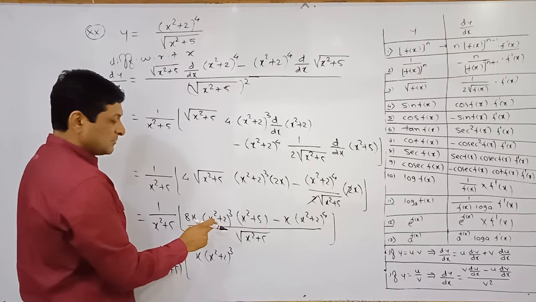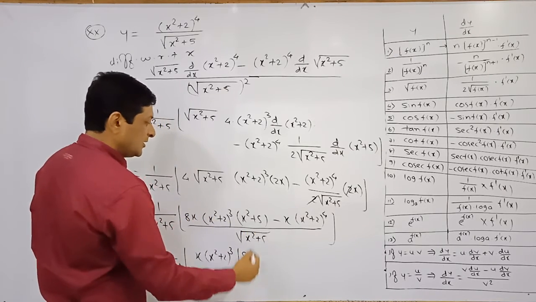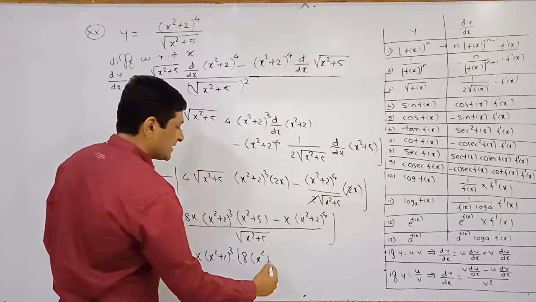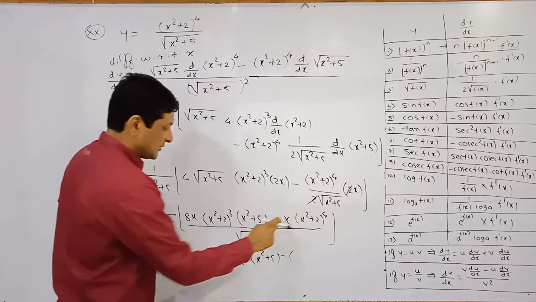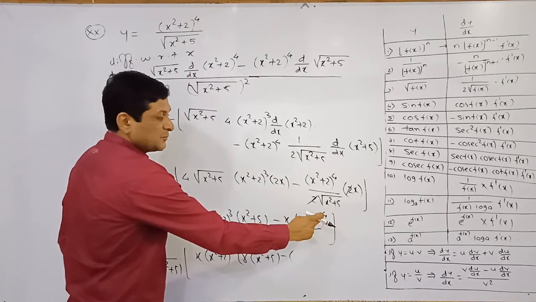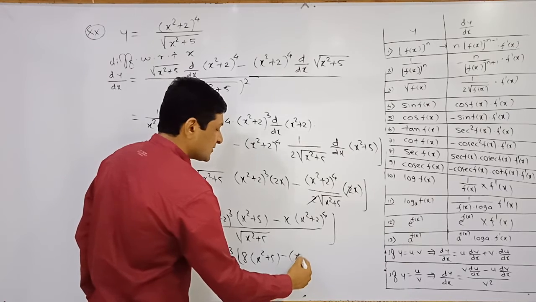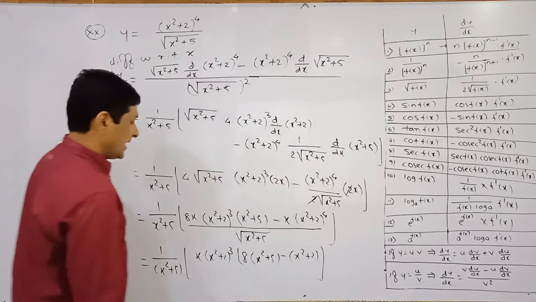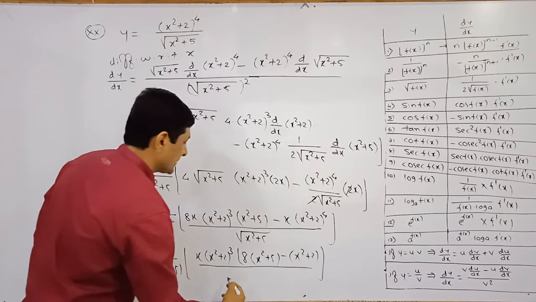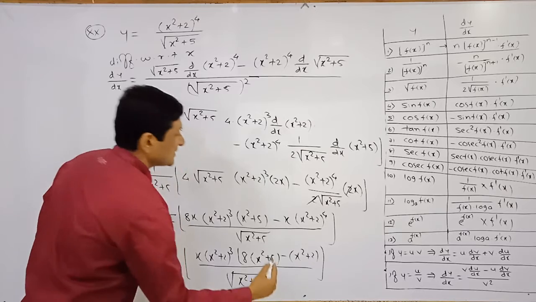After taking this term common, what remaining term here will be 8 into x square plus 5, and here minus, we have taken x common, and from this raised to power 4 we have taken cube common. So what is remaining term here? X square plus 2, and in the denominator under root x square plus 5, you keep it as it is.